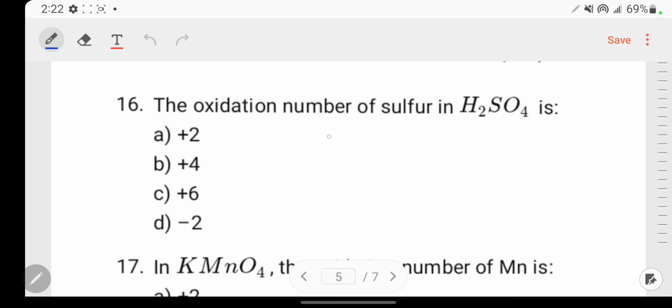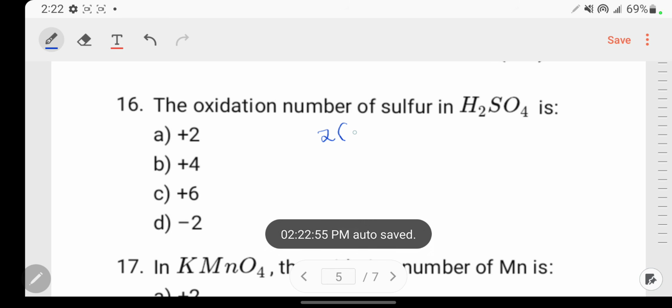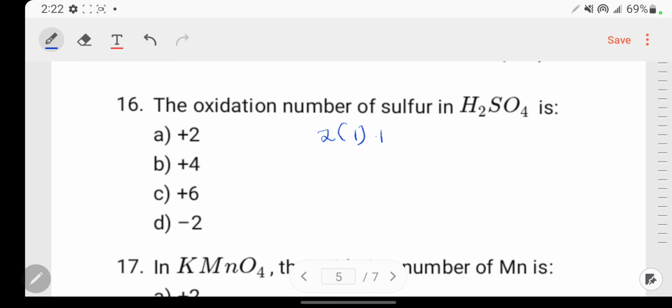So if we have hydrogen, there are 2 hydrogens, so we have 2. The charge of hydrogen in any compound is positive 1. Then we add the sulfur that is there, plus what do we have for oxygen? We have 4 oxygens times the charge of oxygen in other compounds except peroxide, which is -2, should be equal to 0. So the overall charge for an uncharged compound is equal to 0.